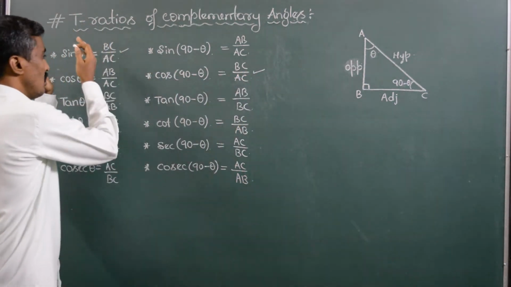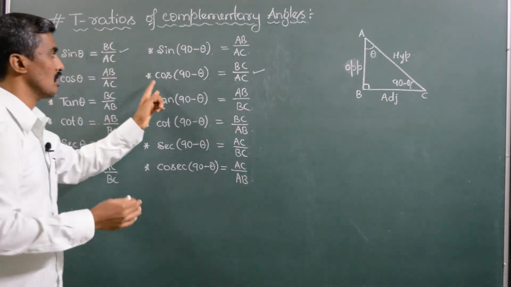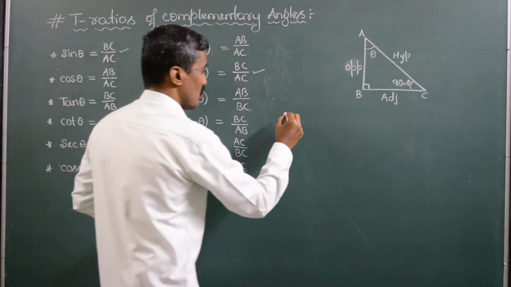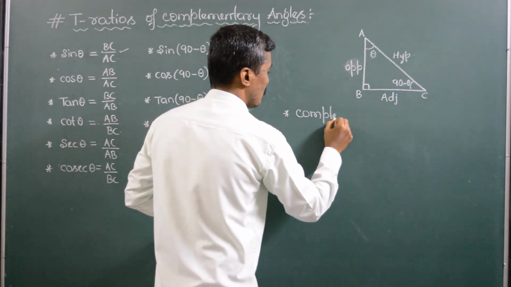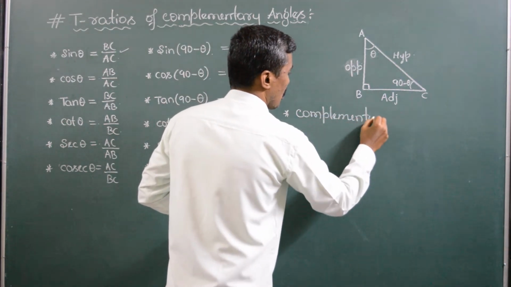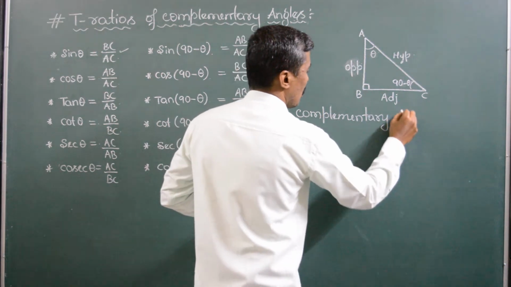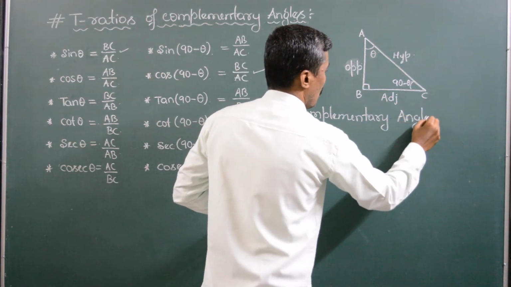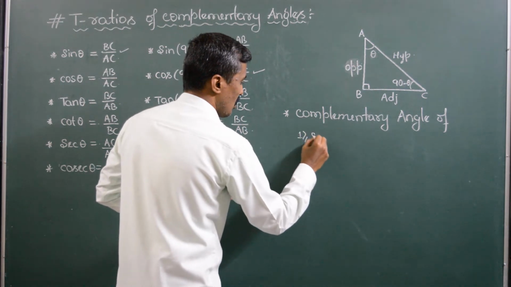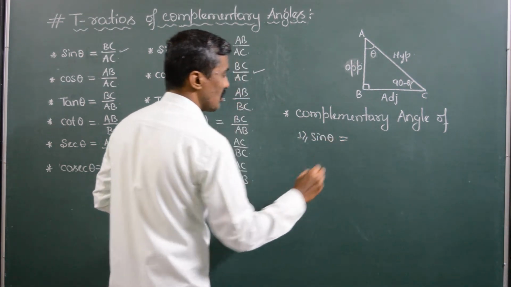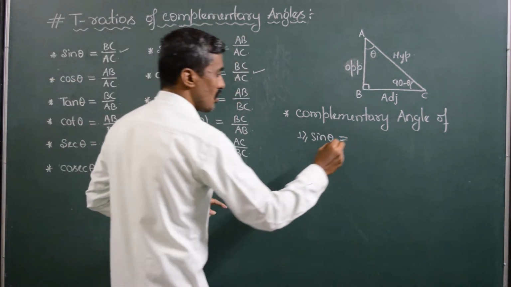Therefore sin theta and its complementary ratio is cos of 90 minus theta. I will write here: the complementary ratio of sin theta is cos 90 minus theta.